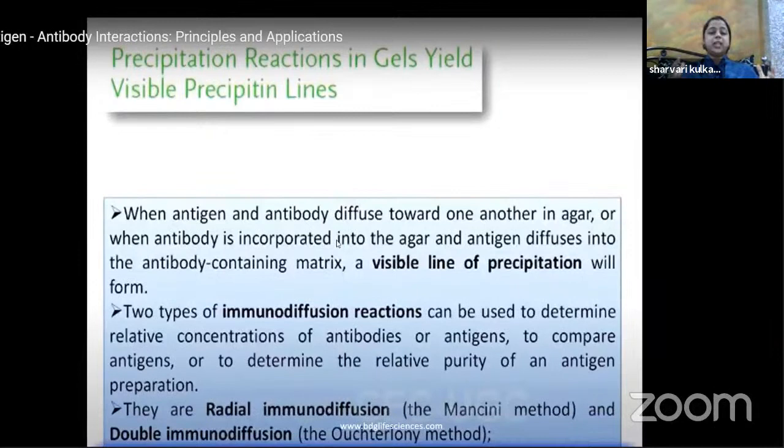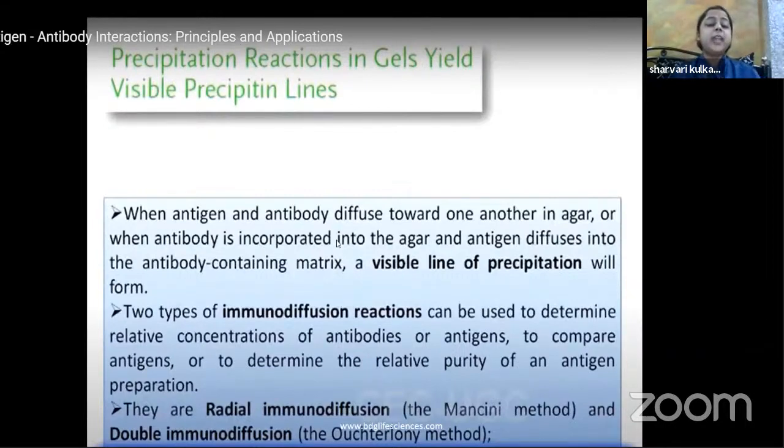You get it? So that means we are performing this precipitation reaction in gels. There are different techniques or ways of doing it, but the basic concept remains: you have incorporated antibody into the agar, antigen diffuses into the antibody containing matrix, and it gives a visible precipitation line.